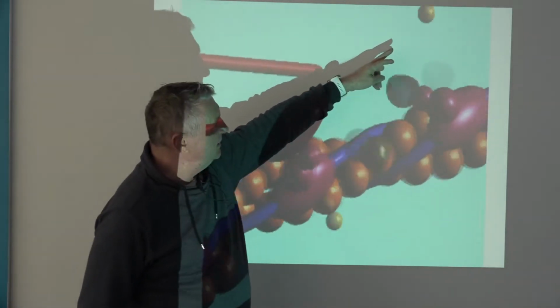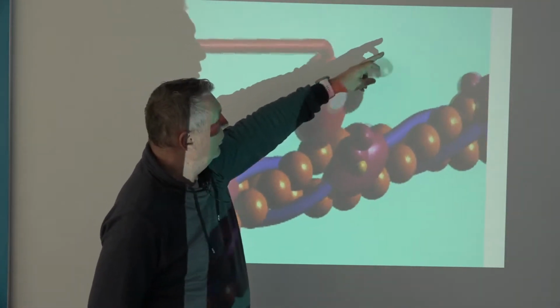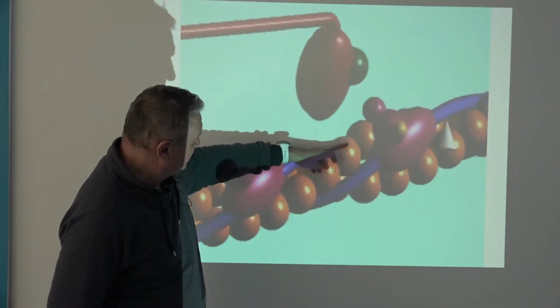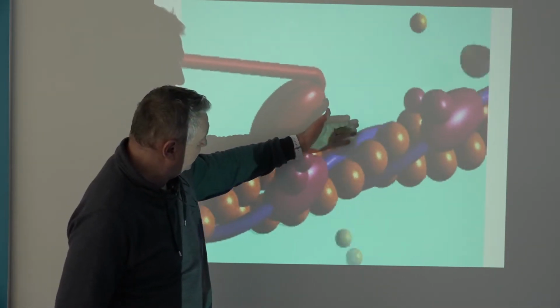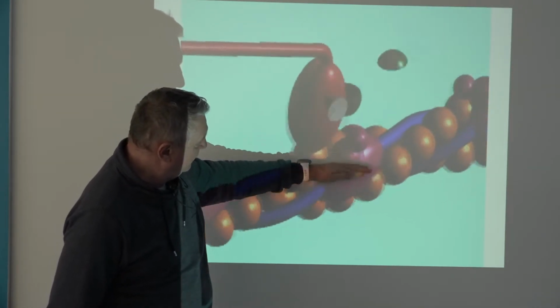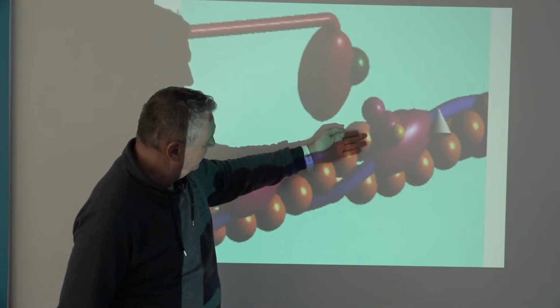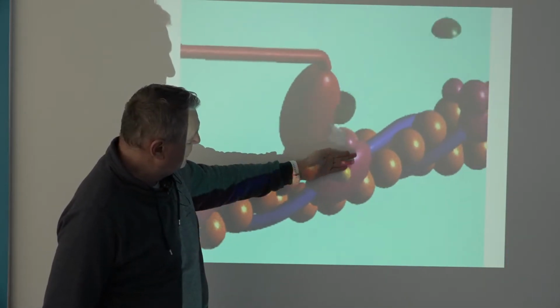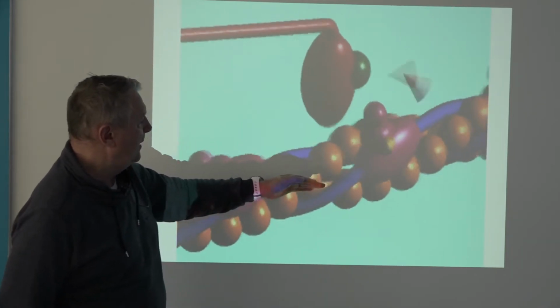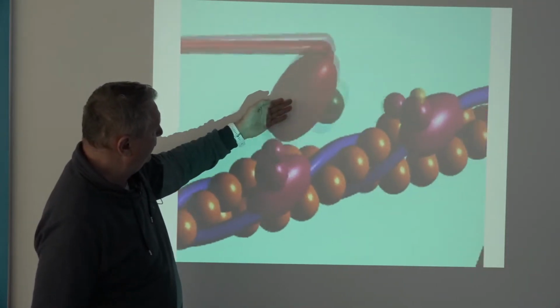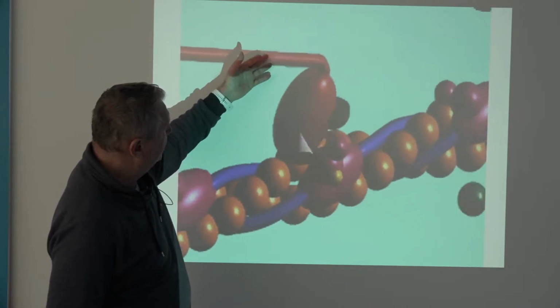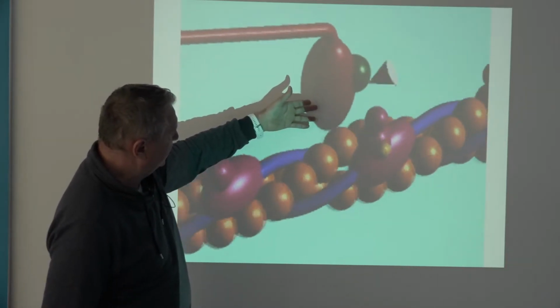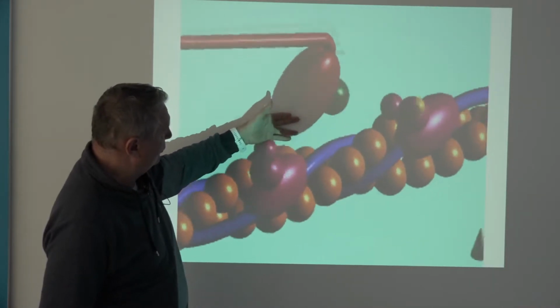You can see a red ball is coming from here. It is attached to the troponin. It moves away the troponin from the base position, and this location of troponin opened a place where the myosin heavy chain can attach, and this is the cross bridge.